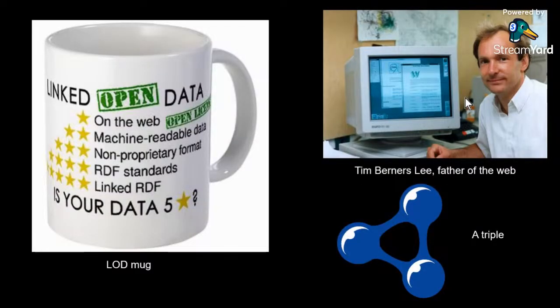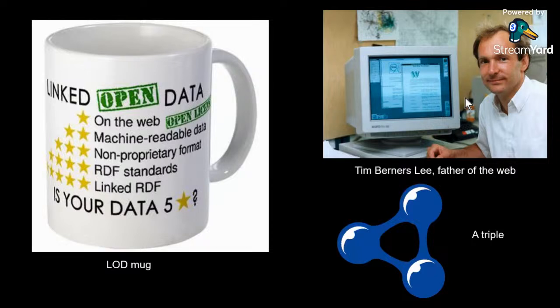So always in any presentation that you see about linked open data, you're going to come across these three images. These are quite old now, but I just wanted to give you a quick look at them. First we have the LOD mag, which has the 5-star criteria for linked open data that we are going to look at in a minute.